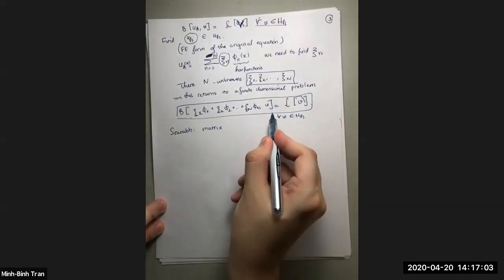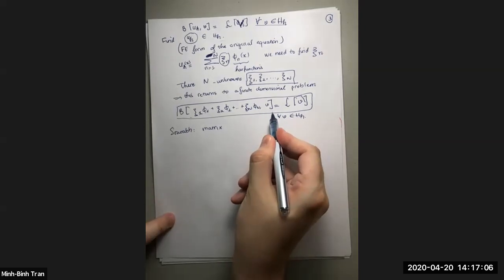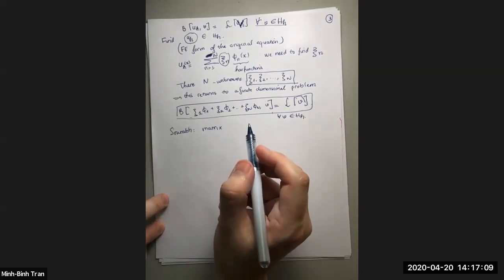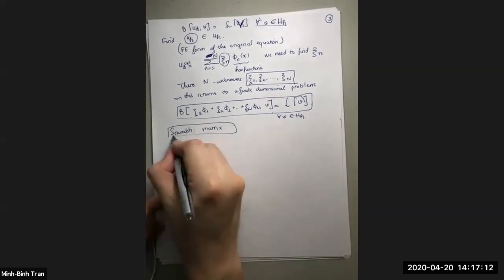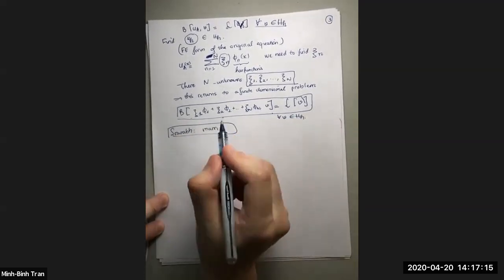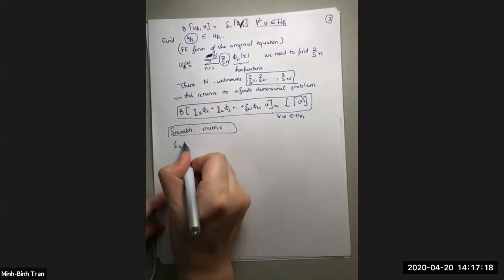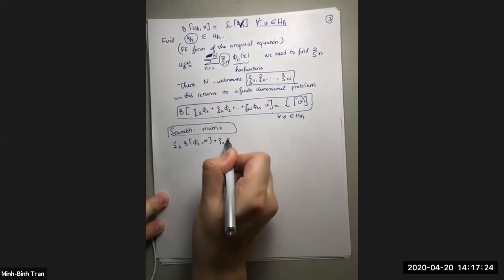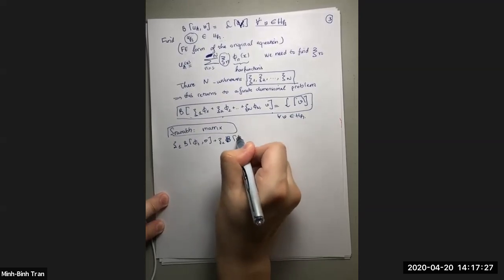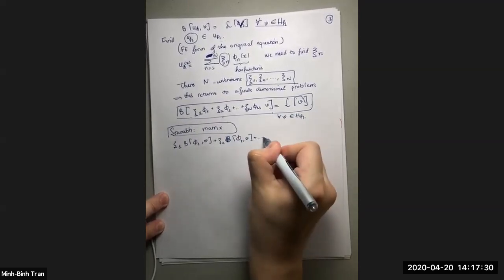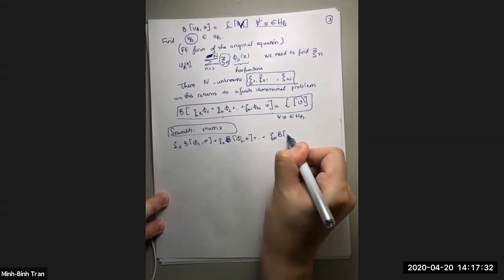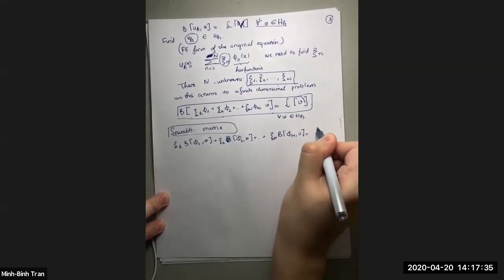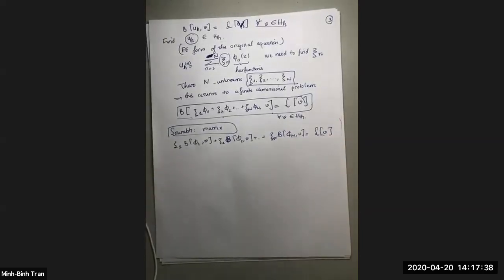First, because of the linearity, you can write the left hand side in the form C1 B(phi1, V) plus C2 B(phi2, V) plus ... plus C_N B(phi_N, V) is equal to L(V), right? So now how can I turn this into a matrix?